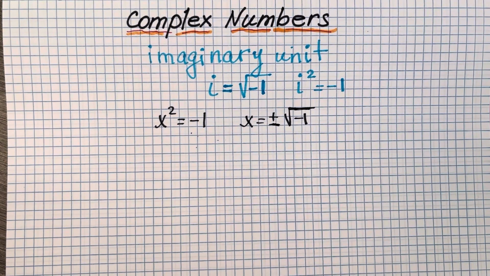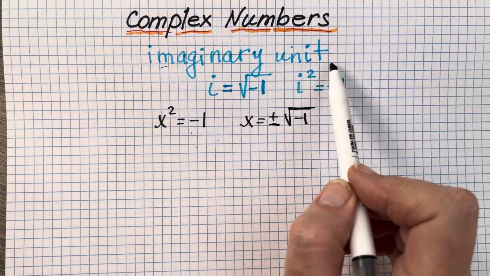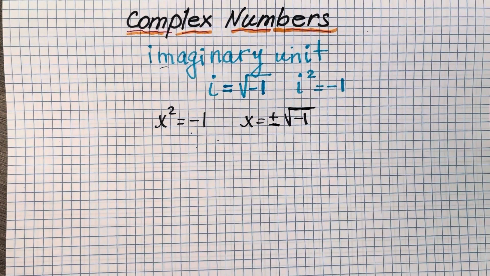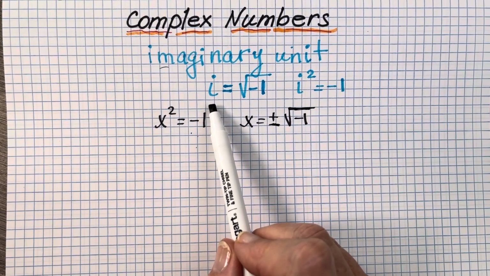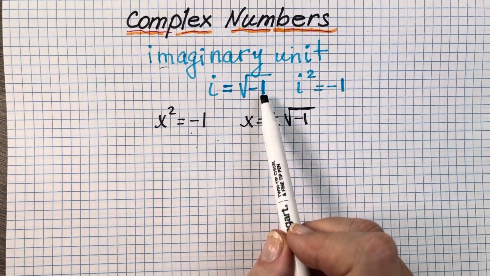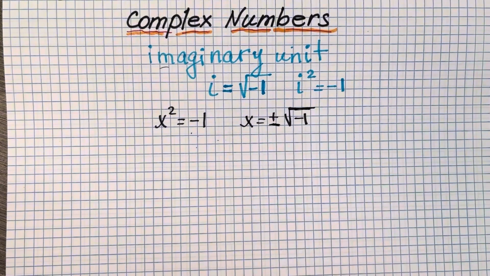So to overcome this problem, mathematicians created an expanded system of numbers using the imaginary unit. Let me define what the imaginary unit is. It's denoted as the letter i, equals square root of -1.